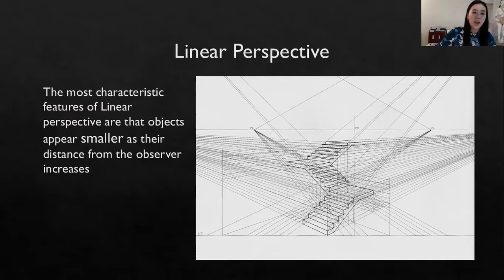Also, all objects will recede to points in the distance, usually along the horizon line, but also above and below the horizon line, depending on the view used.